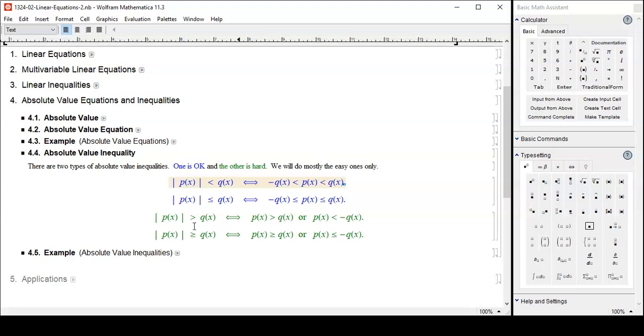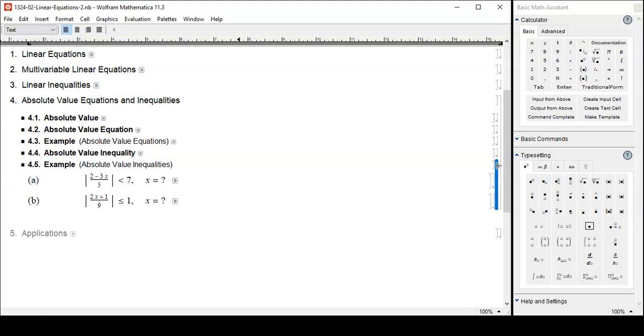If the absolute value is greater than that, then we get the negation of that, so we have two separate intervals. But I don't think we're going to do these at this level. After all, this is business algebra, so we're not going to do everything that people do in STEM algebra.